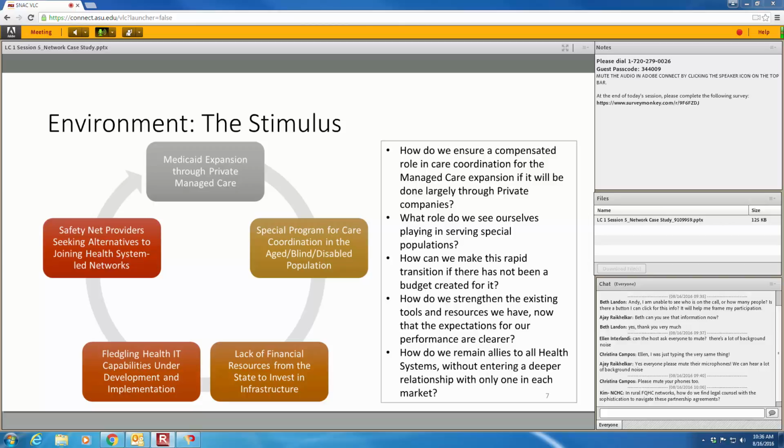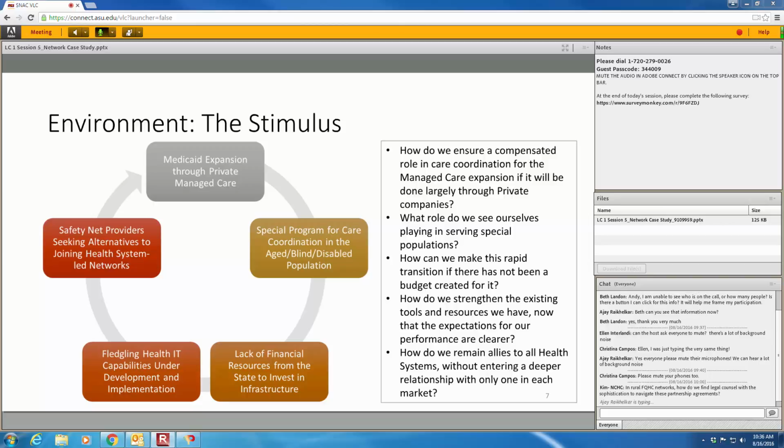One of the primary reasons that states look to private managed care, particularly the national managed care entities, to come into their market and serve a larger percentage of the Medicaid population really has to do with the fact that their budgets are strapped.